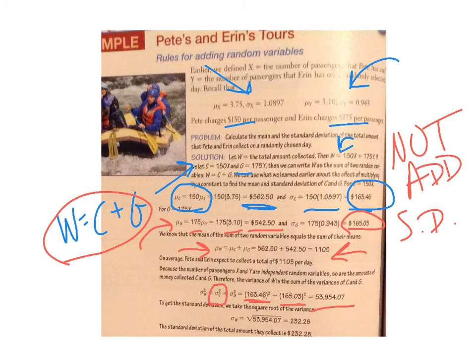But when I want the standard deviation, I then need to take the square root of that total to give me my new standard deviation of $232.28, meaning that they're going to collect on average $1,105 per day with a standard deviation of $232.28.